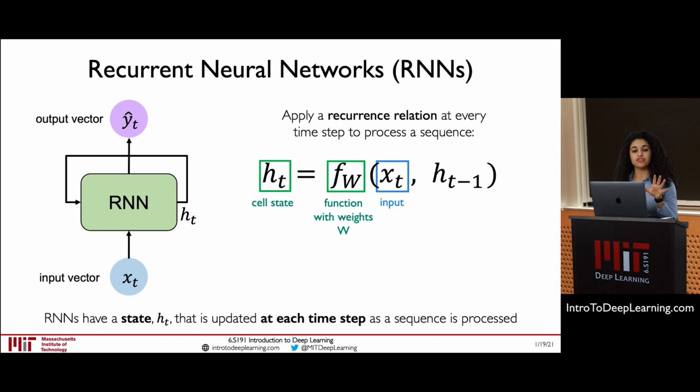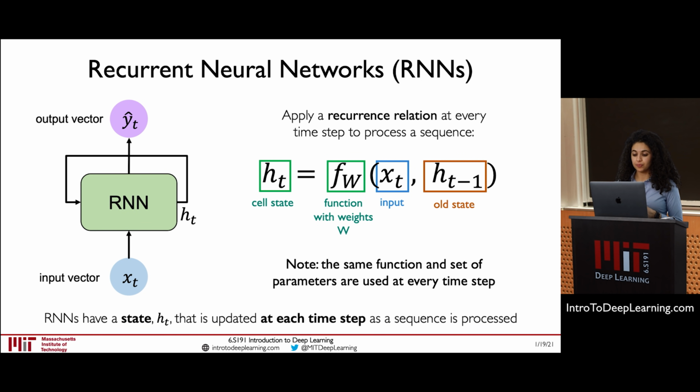That function, f of w, is going to take as input both the input at the current time step, x of t, as well as the prior state, h of t minus 1. And how do we actually find and define this function? Again, it's going to be parametrized by a set of weights that are specifically what's learned over the course of training the model.